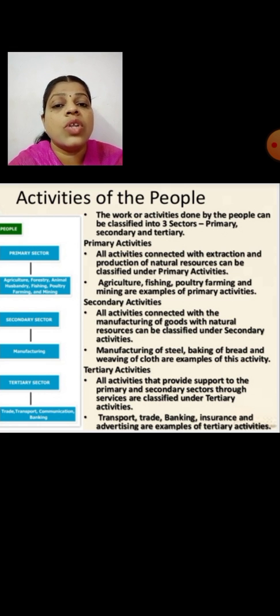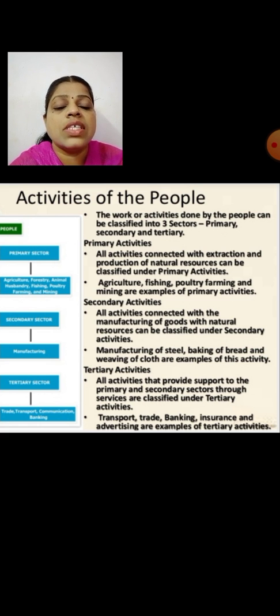Then what about the tertiary activities? The supporting services needed for both the primary as well as the secondary sectors come under the tertiary sector.